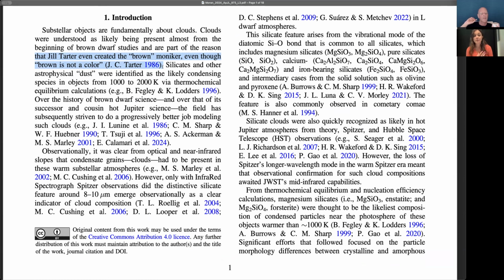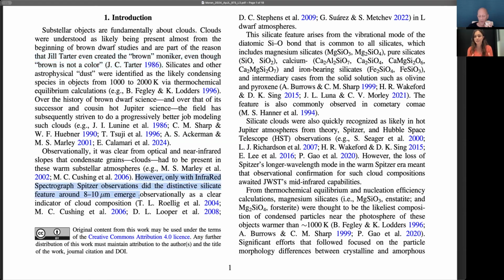By the time we had a pretty robust set of theory for this, from the 80s to the 90s, we moved into the Spitzer era. Spitzer could actually measure these silicate signatures directly in the mid-infrared. We did that for a whole bunch of different brown dwarfs, and people started to develop theories about the ways you would see the silicate features and whether or not they indicate a specific kind of silicate.